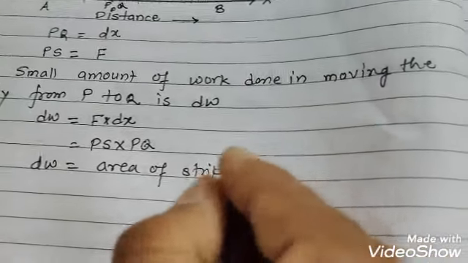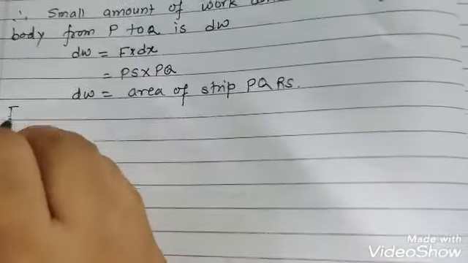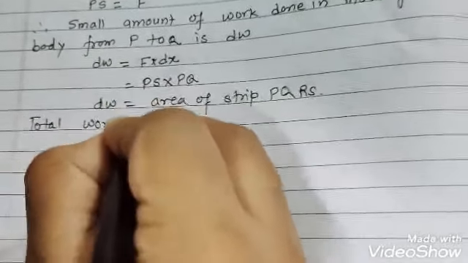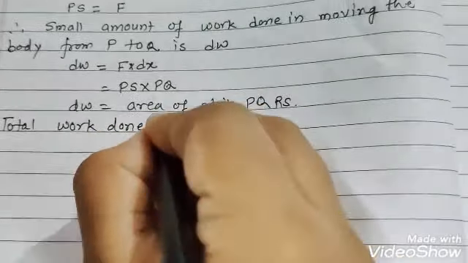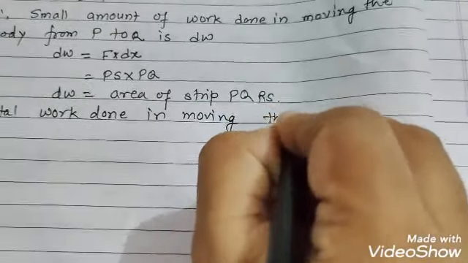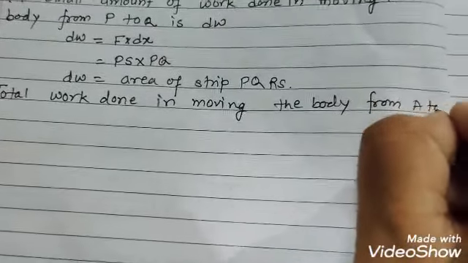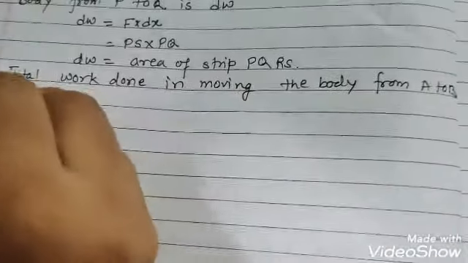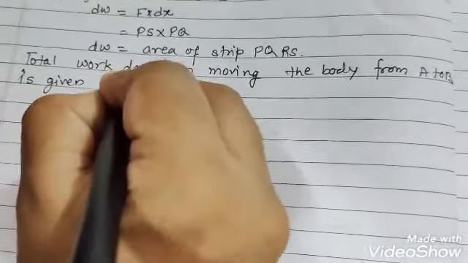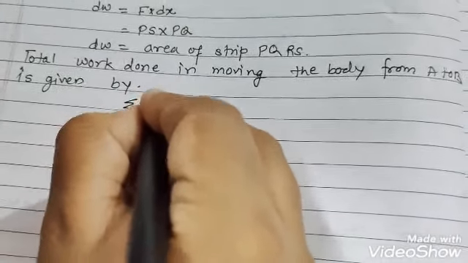So if we are going to calculate the total work done in moving the body from A to B, that can be given by the summation of all the small work done.